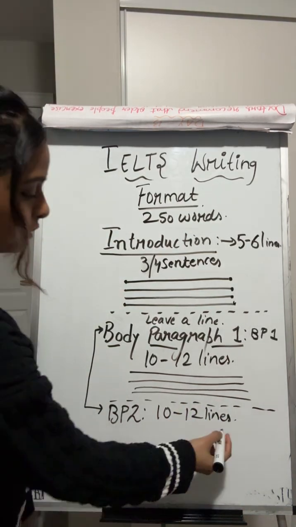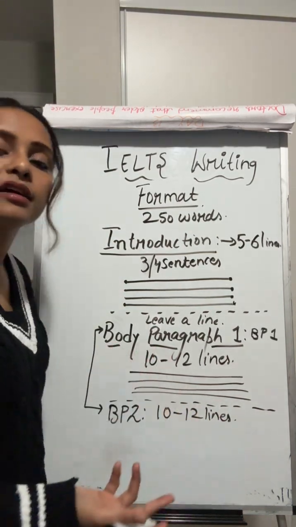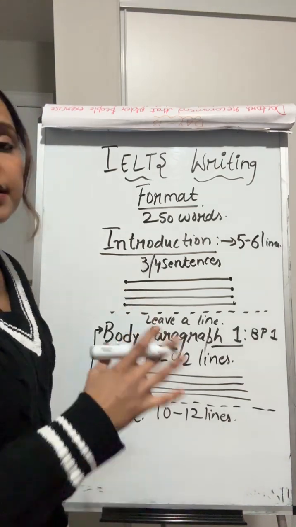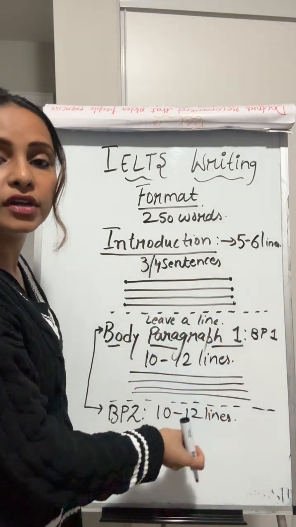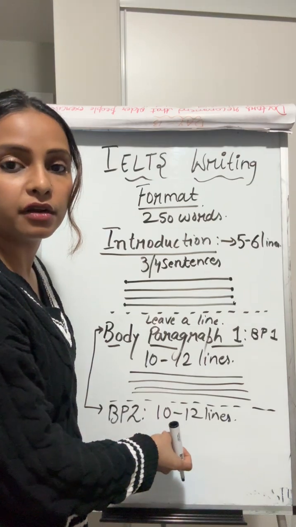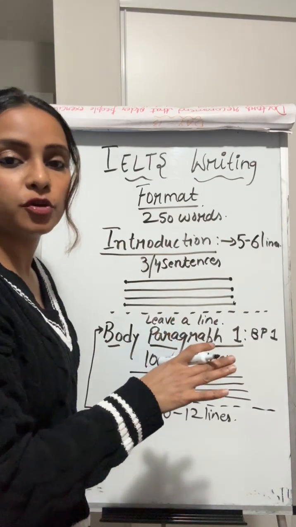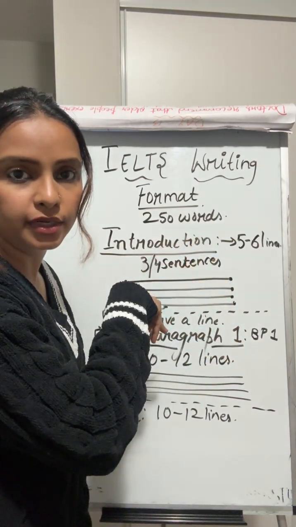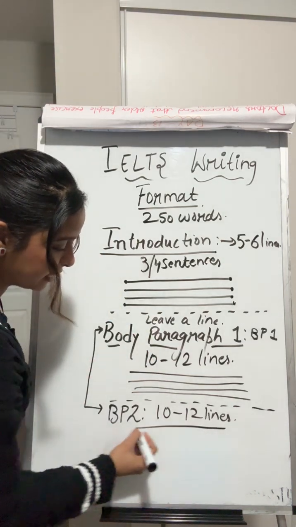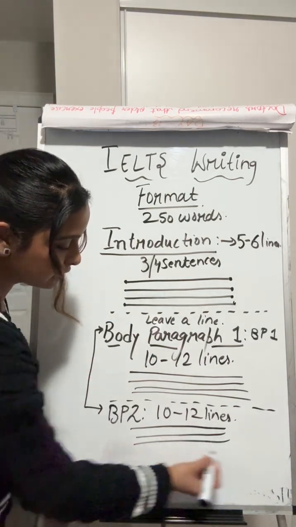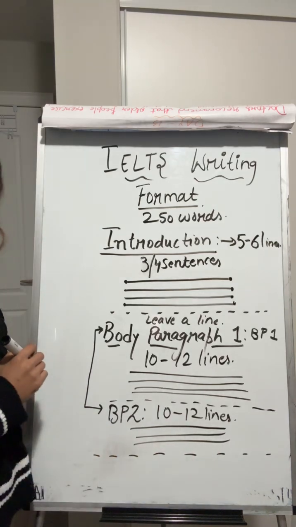In these 10 to 12 lines, you have to write the other ideas. It depends upon the topics, what content you have to write in BP1, what content you have to write in the other body paragraph. It totally depends upon the types of essays which I have told you earlier. So again, after writing 10 to 12 lines, we will leave a line.